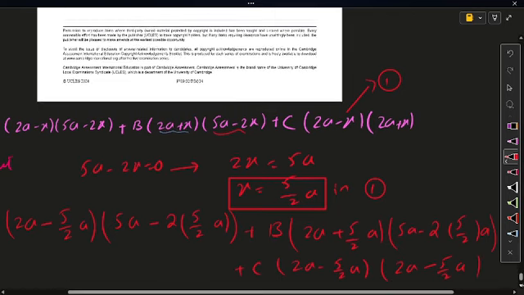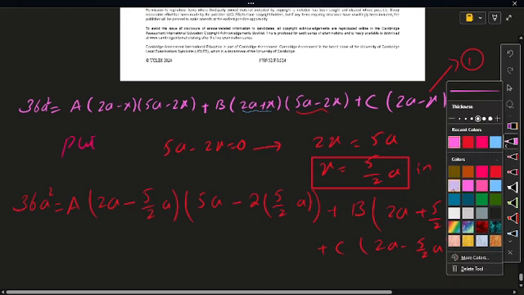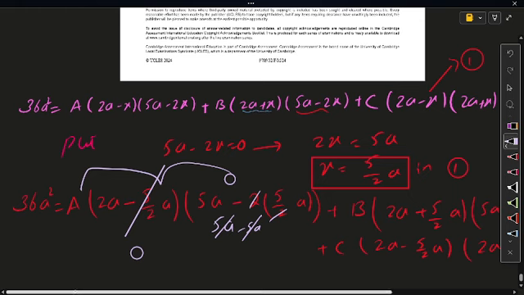Yes, so observe what are the factors that are going to die. That 2 and that 2 cancel, it means that becomes 5a minus 5a, obviously 0. So 0 times anything will become 0, it means that whole factor is going to 0. So that's why I'm going to erase it, because that's going to become 0 over here.